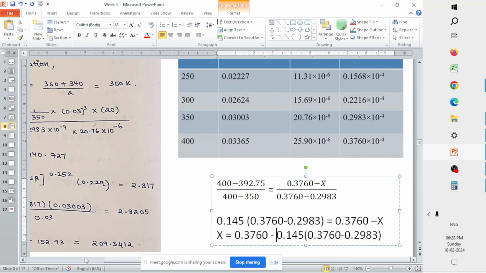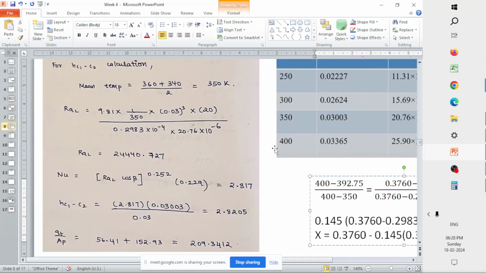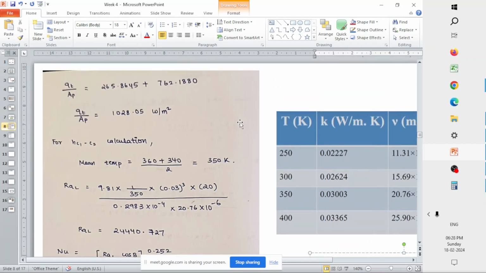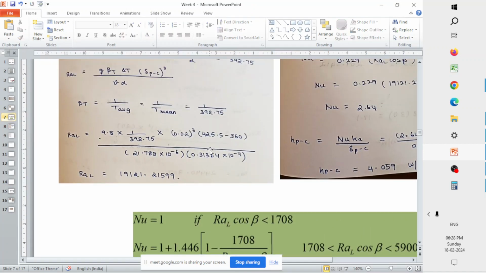Now it's not just the thermal diffusivity, but all the values using this particular assumption we can calculate for any particular temperature. If we have the data for any intermediate temperature, we can know the value of thermal conductivity, momentum diffusivity as well as thermal diffusivity. So that is what we have calculated here, the value of alpha, the value of momentum diffusivity nu.